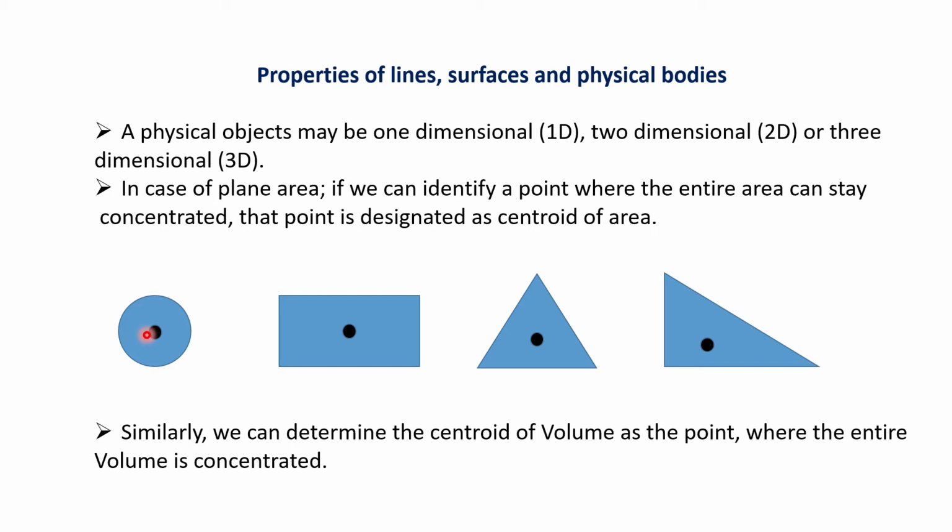The second method is to find it by moments. This is the method, dear students, which we are going to apply for our subject purpose. The third one is the graphical method. So here we are considering the method by moments, and we will see how we can find it out.